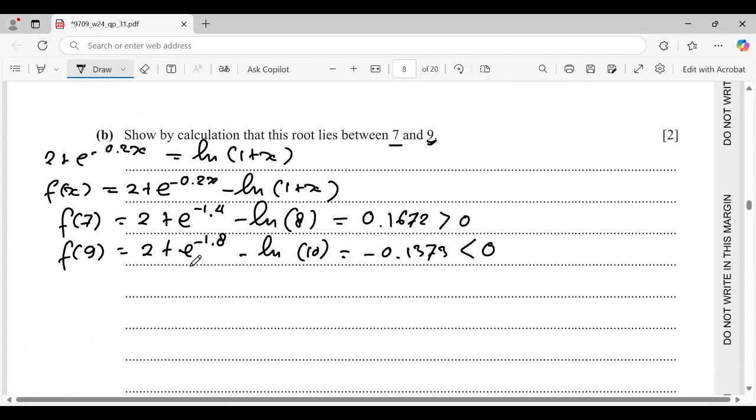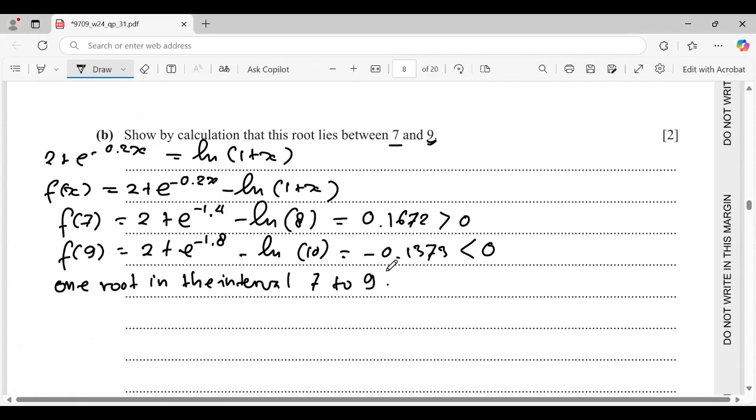Now, since f(x) changes sign between 7 and 9 and is continuous, there must be at least one root in the interval 7 to 9.